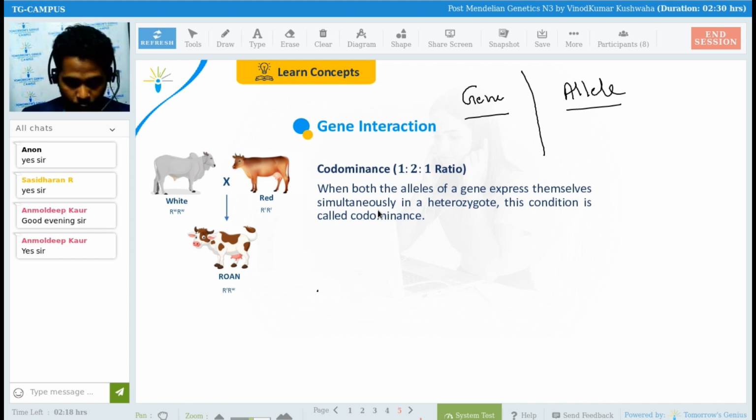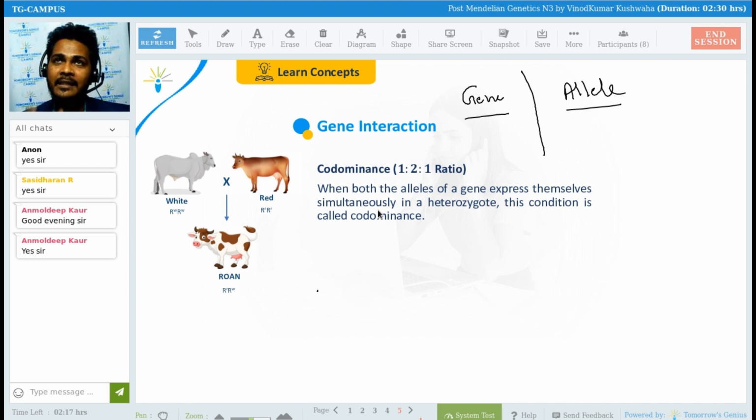And well, let me tell you about gene interactions. Though you have wonderfully explained, let me tell you how you will differentiate the gene and allele. First of all, you should know where the gene is present. A gene is a particular segment of DNA, and DNA is present in the chromosome, right?